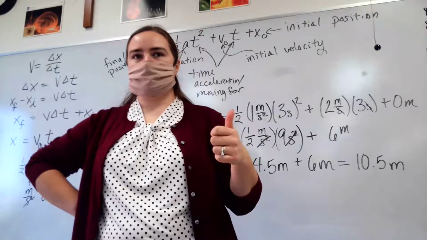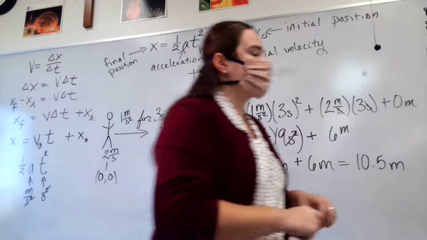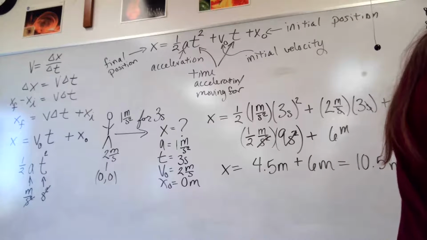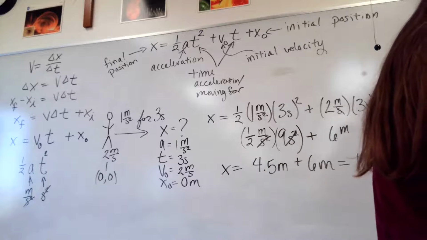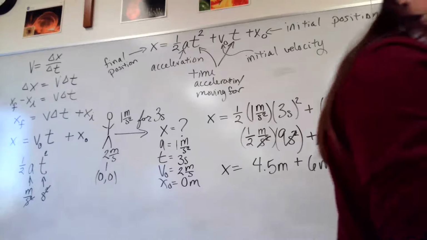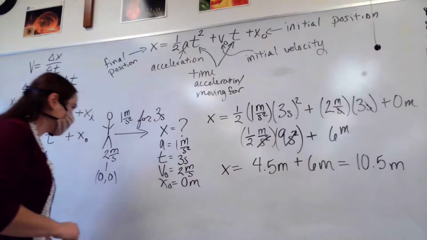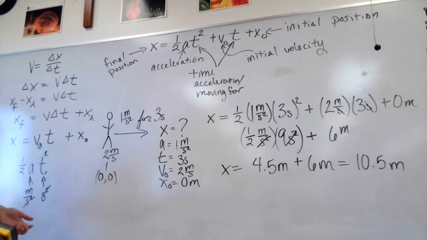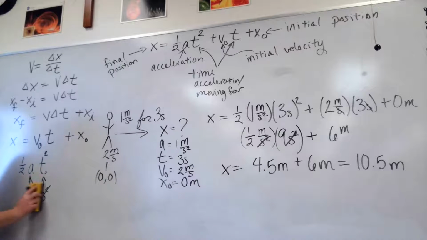Any questions? No? All right, how much time do we have left? Let's do one more example. Let's do an example where there are a lot more zeros, like I said.